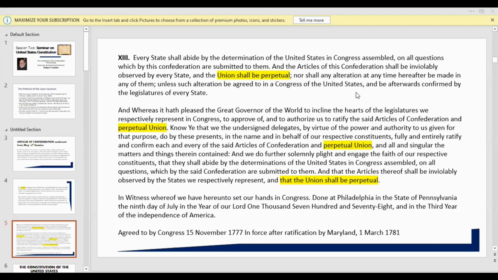Clearly, the Articles of Confederation does not work because it had no enforcement. You couldn't enforce the militia, you couldn't enforce the military aid from one state to another. You couldn't even enforce the collection of taxes. It was a disaster.